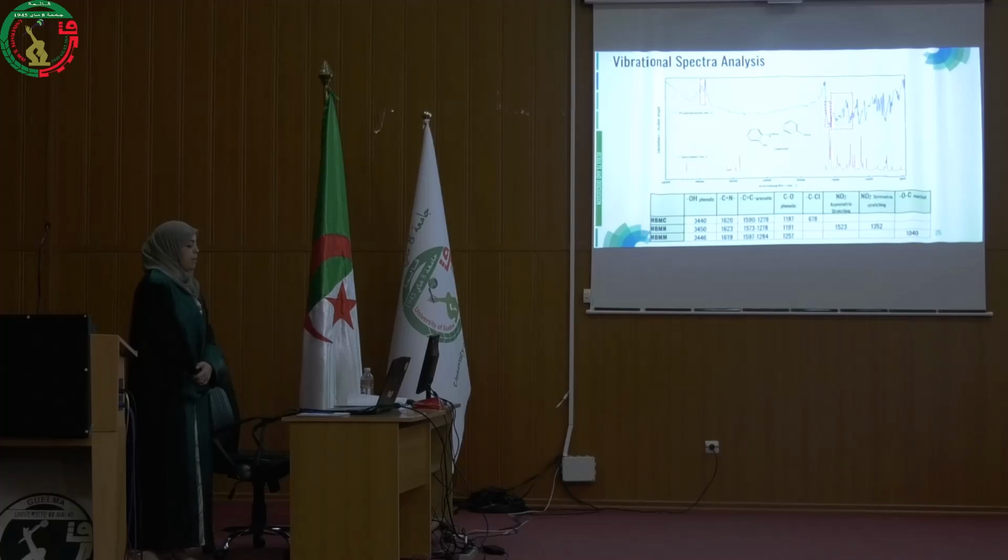For HBMM, the ether bond appears at 1040. These experimentally observed vibrational frequencies closely match the values predicted by computational methods, supporting the proposed structures of the Schiff base derivatives.